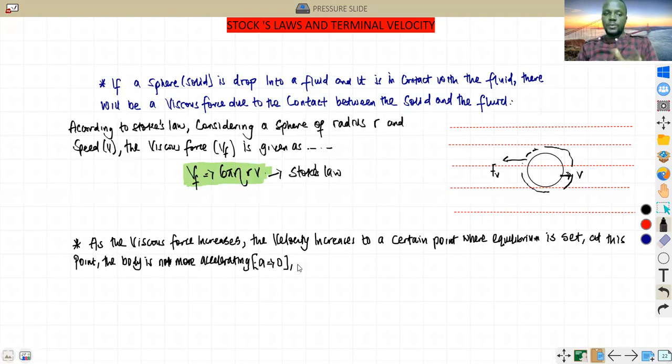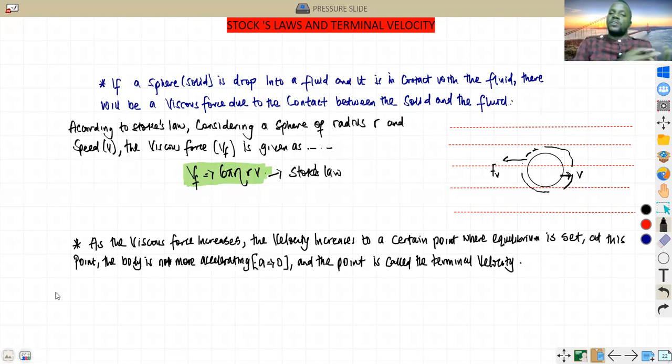At this point, the body is no more accelerating, and this point is called the terminal velocity.